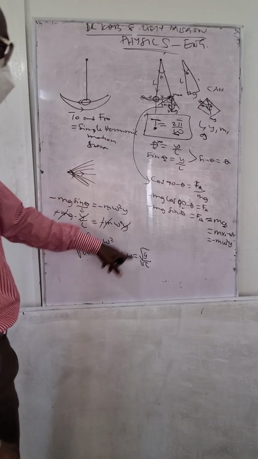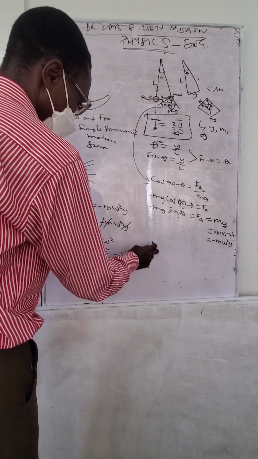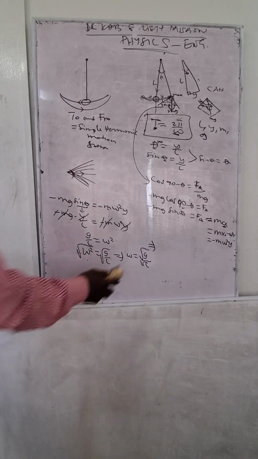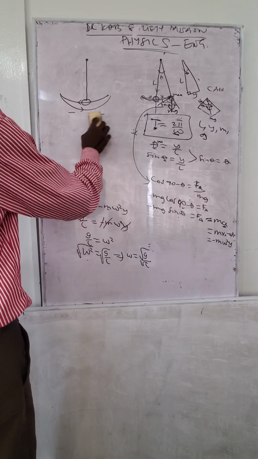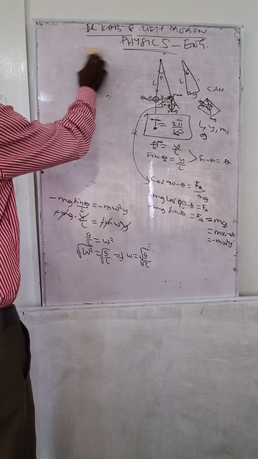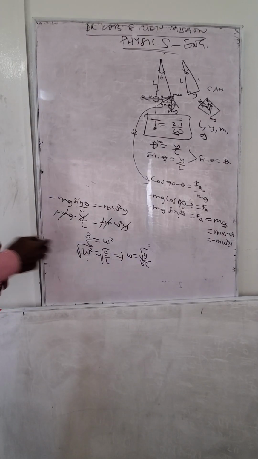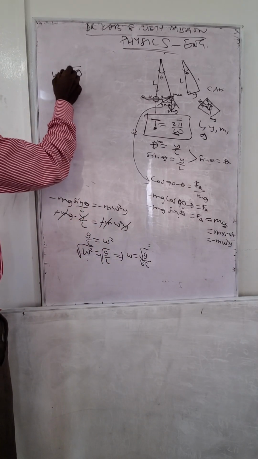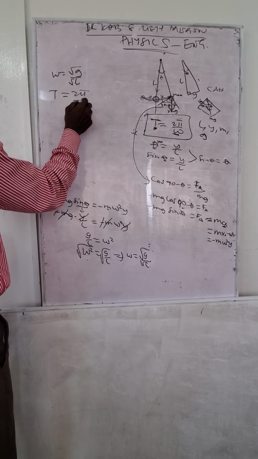Now we have omega, we can put that value here. This will imply that if omega is equal to root of g over root of L, and T is equal to 2 pi over omega.